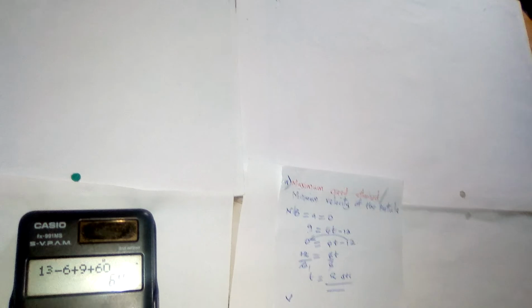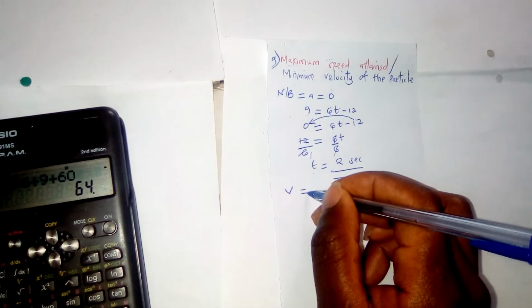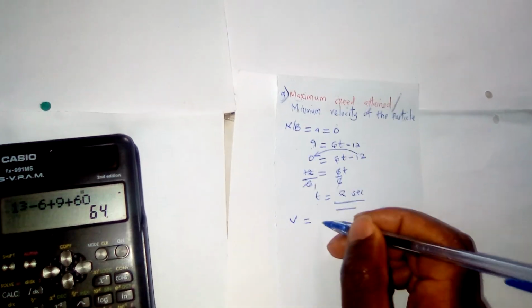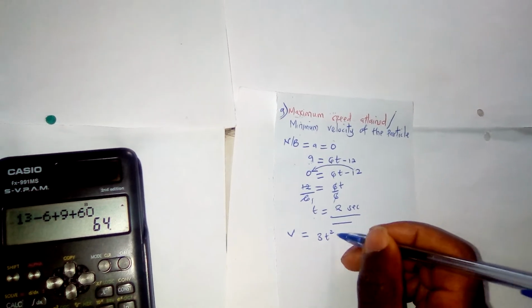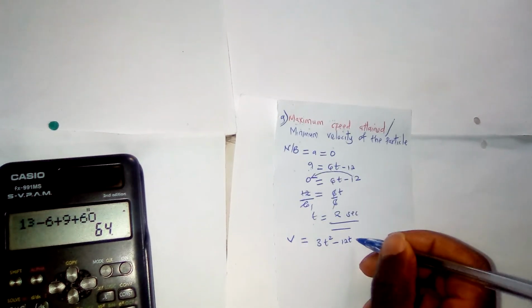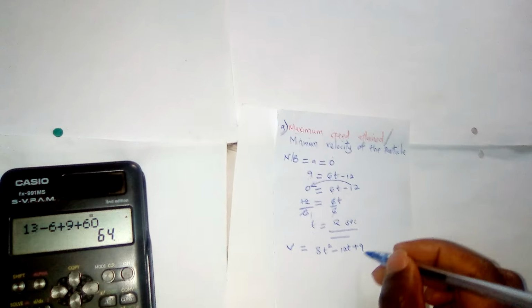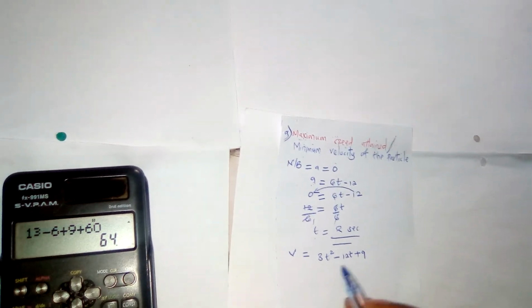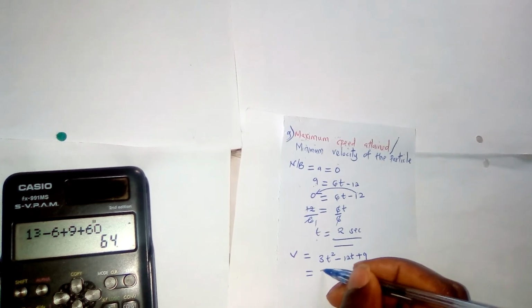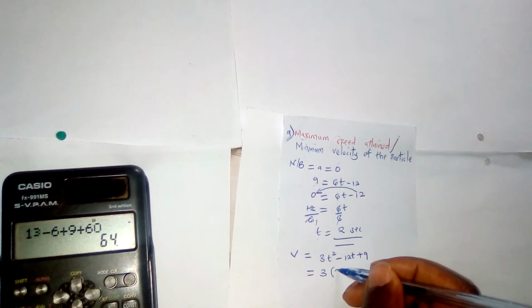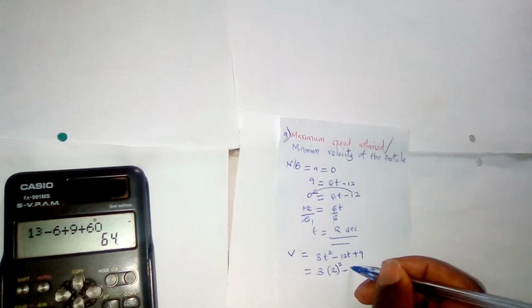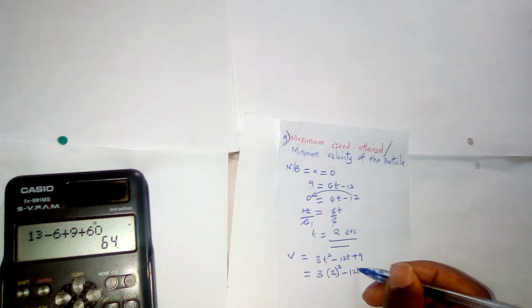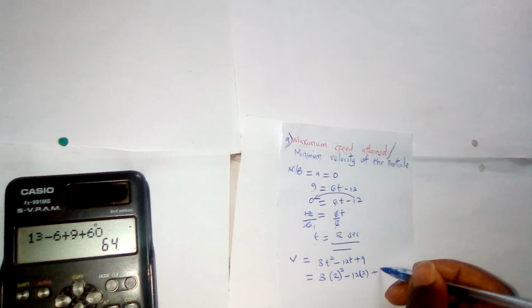Remember, the equation of velocity back there, we said velocity was equal to 3t squared minus 12t plus 9. Now when t is equal to 2, what is v? So it will be 3 into 2 squared minus 12 into 2 plus 9.